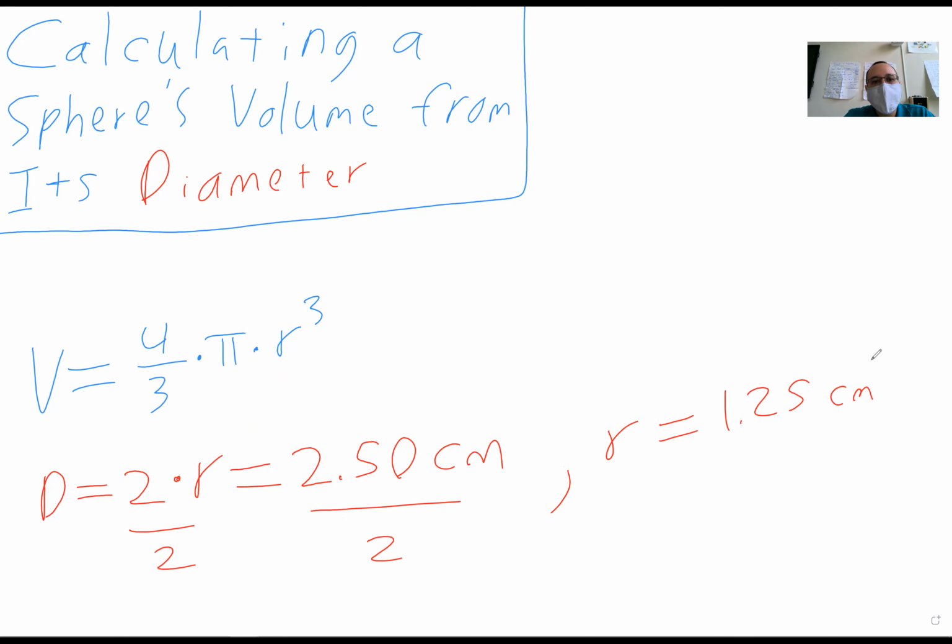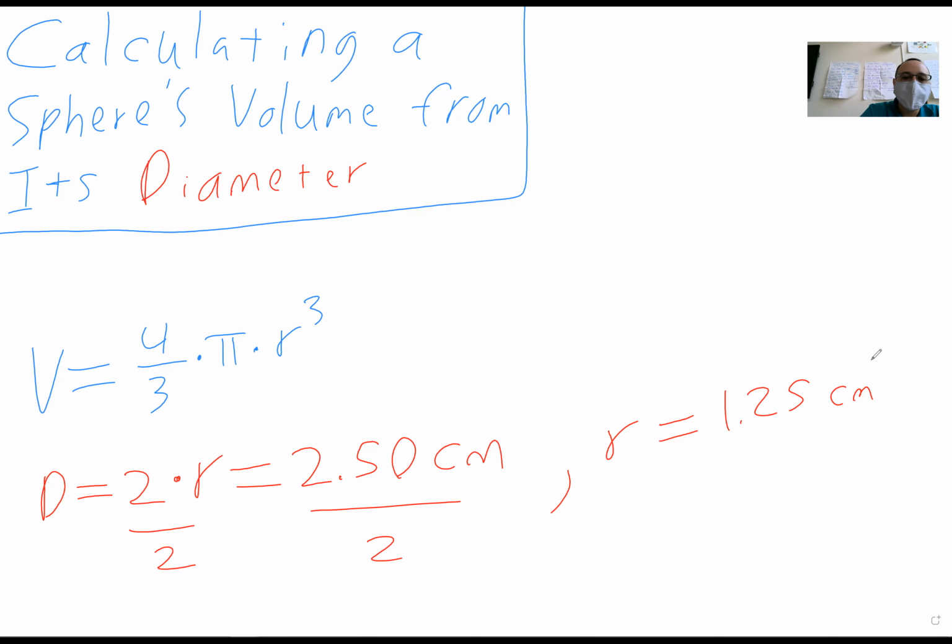We should feel good about that value because it is very similar to the value we got last time from using circumference. Our circumference value gave us a radius of 1.24 centimeters, and our diameter measurement is giving us a radius of 1.25 centimeters. So our measurements are consistent to this point.